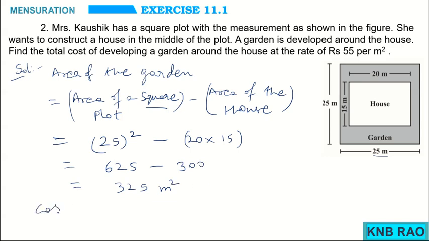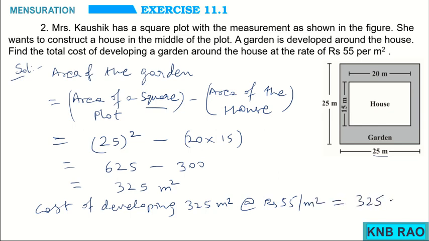Now the cost of developing 325 meter square at the rate of rupees 55 per meter square will be 325 into 55.